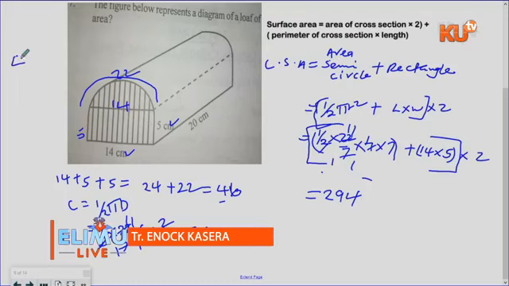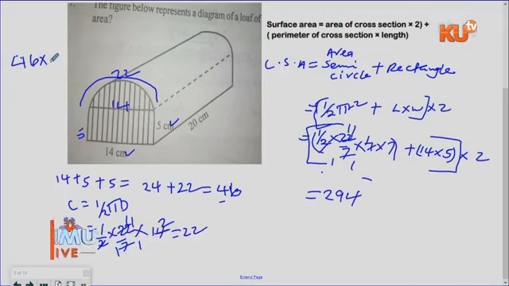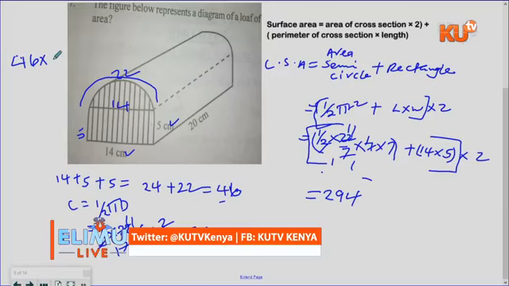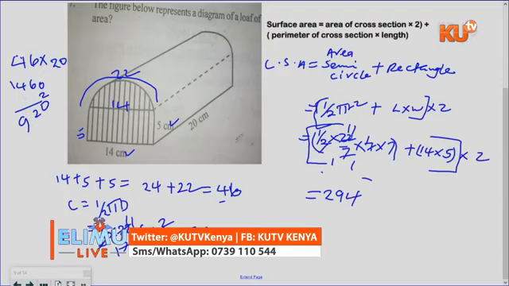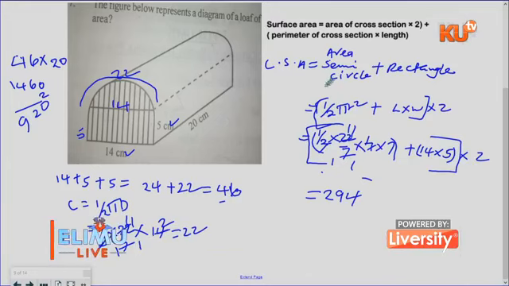So we have 46 times, what was the length? The length is 20. So 46 times 20, 0, 12 carry 1, so 2 carry 1, 8 plus 1 is 9. So that one now has given us the perimeter of the cross section times length, 920.